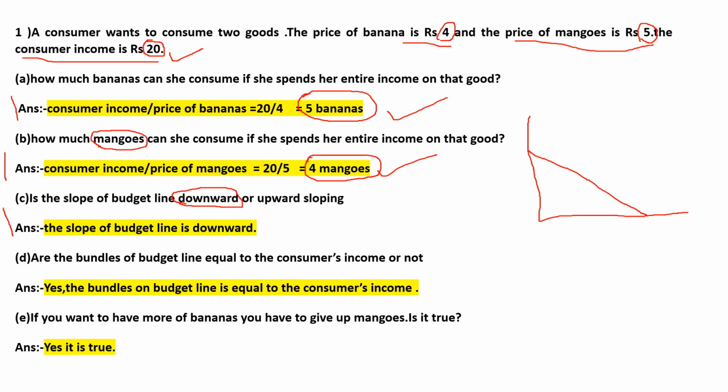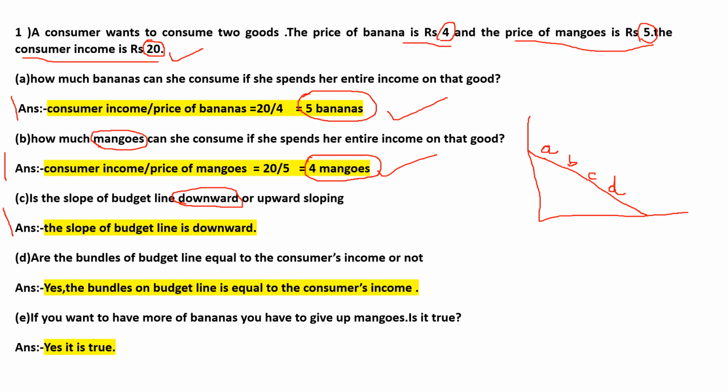Okay. Then the fourth question. Are the bundles on the budget line equal to the consumer's income or not? So what are these bundles on the budget line? Here we mark certain points: point A, then B, C, D, E. So there are certain points we mark on the budget line. All of these points represent what?